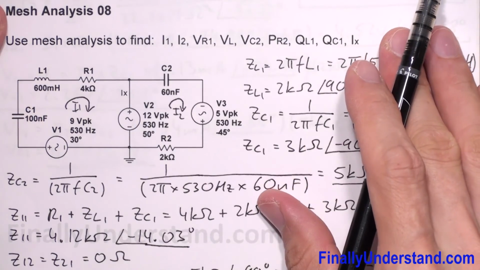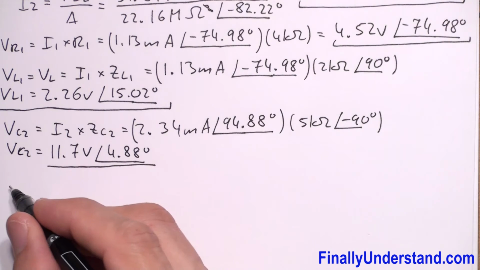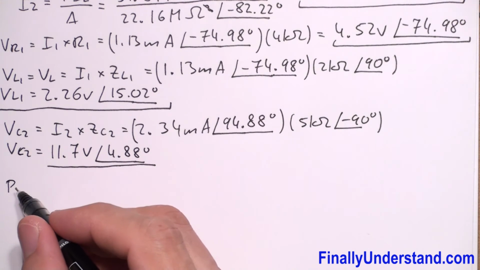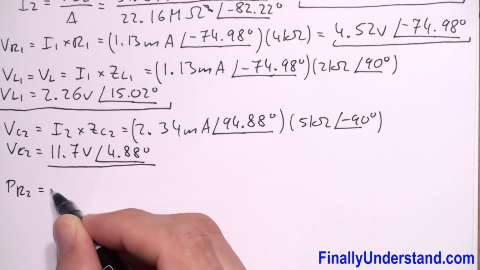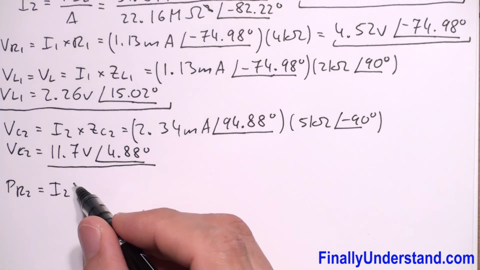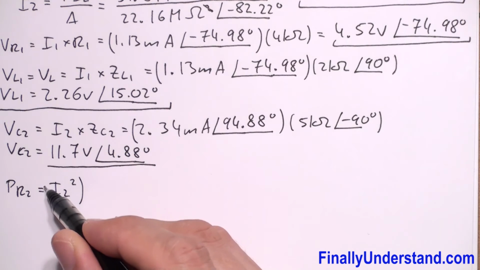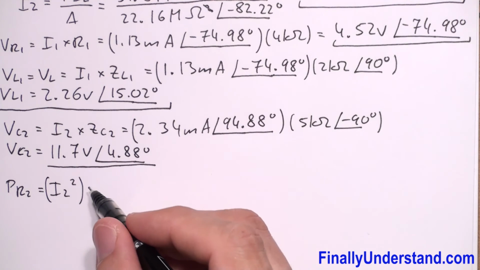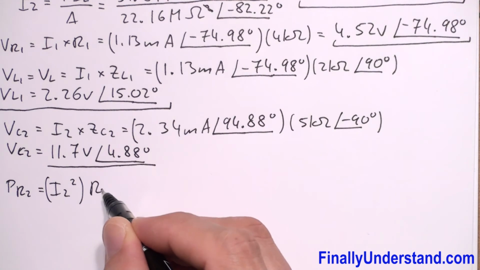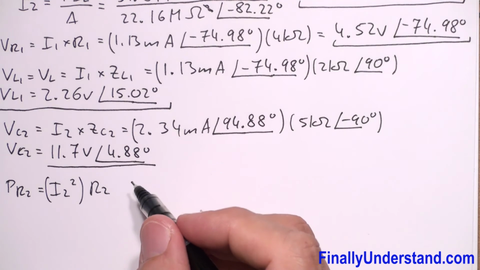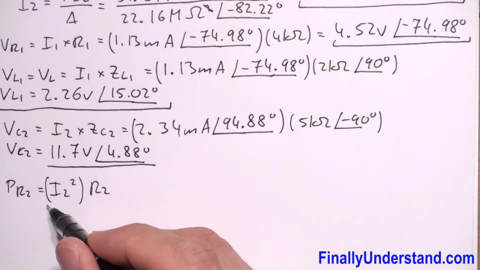That's why I'm going to use this current to find the power. So I have P R2 is equal I2 squared times R2, and we have to multiply everything by 1/2 or divide by 2.